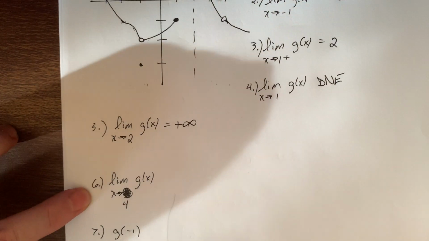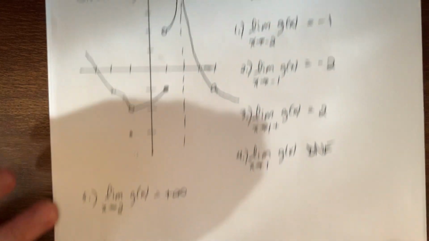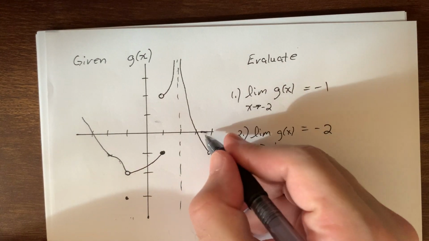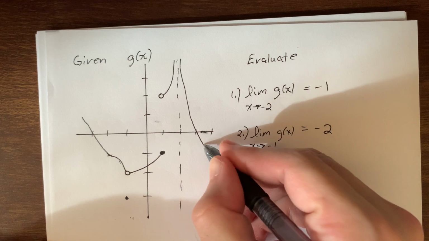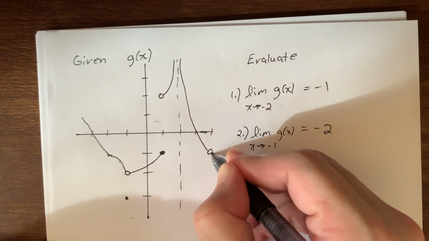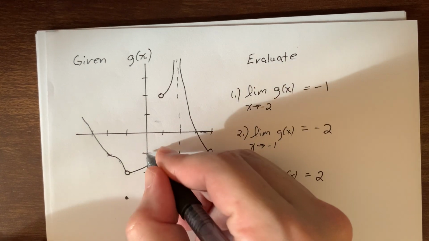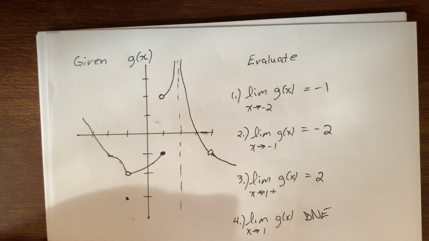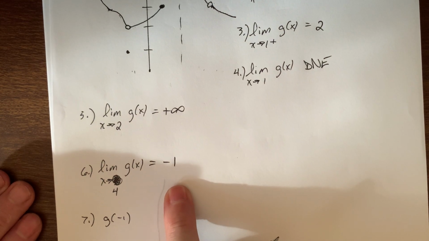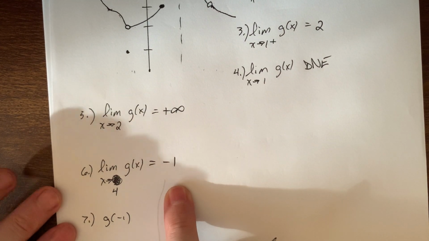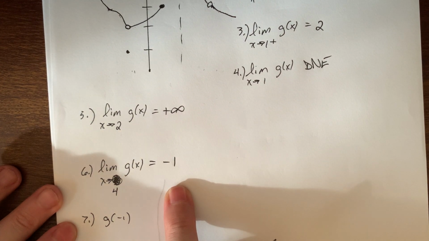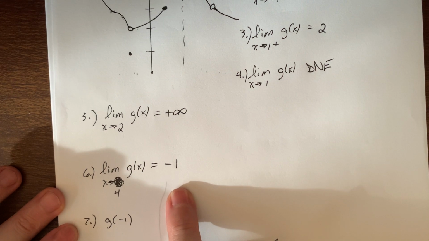Okay, last limit here, as x approaches 4, now I'm out here. So from the left and from the right, these points, once again, we're coming together. Coming together at an open hole, but coming together at a y value of -1. And now the last 4, we're just looking at the function value.